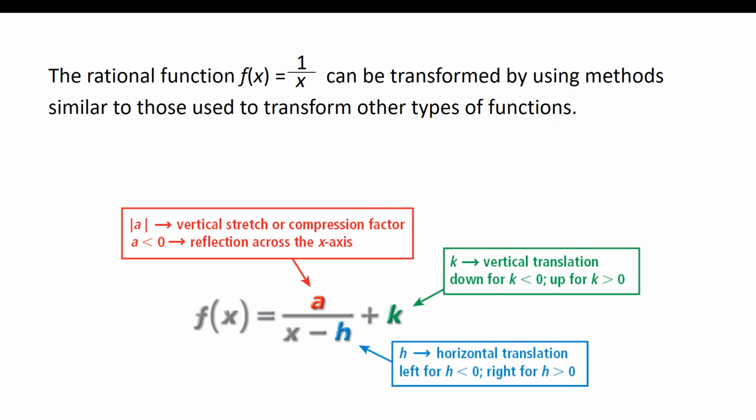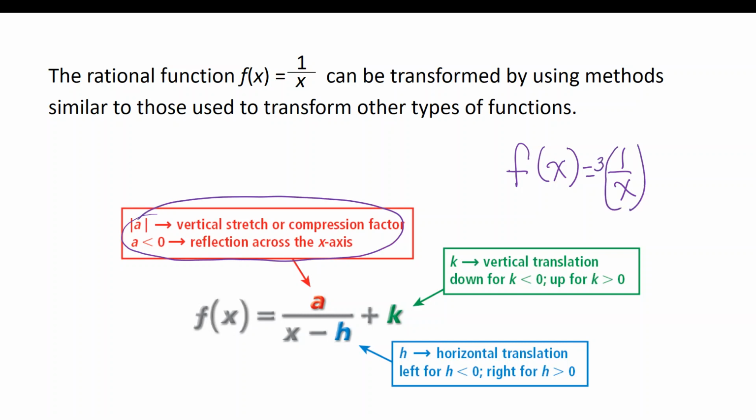All right, this is our basic function, and let me compare it to our parent function again. The parent function is f of x equals 1 over x. So let's talk about this first a here. If we multiply 3 by this entire function, basically we're just doing a vertical stretch, and 3 times 1 would be 3.